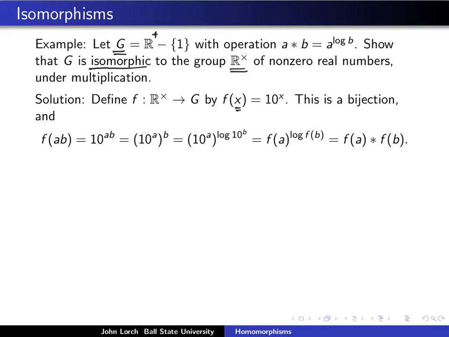Now, it turns out this is a bijection from the non-zero real numbers onto G. We're not going to prove that rigorously, but maybe a picture would help. So if we graph y equals 10 to the x, well, it looks something like this.